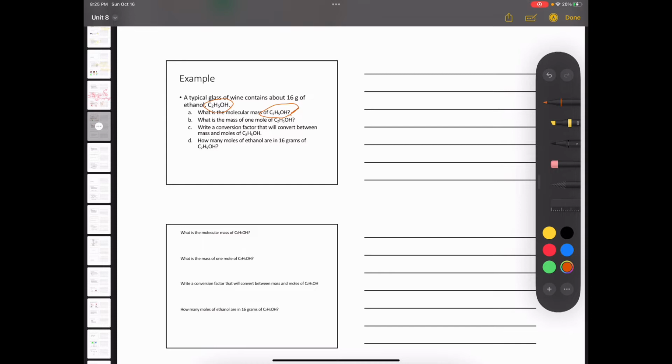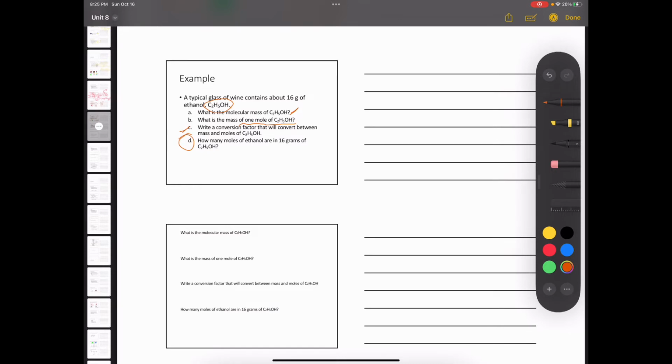As a result, we call it a molecular mass. Once we find out the molecular mass, we would like to calculate the mass of 1 mole of the C2H5OH, or the ethanol, and then we will do the conversion to find how many moles of ethanol are in 16 grams.